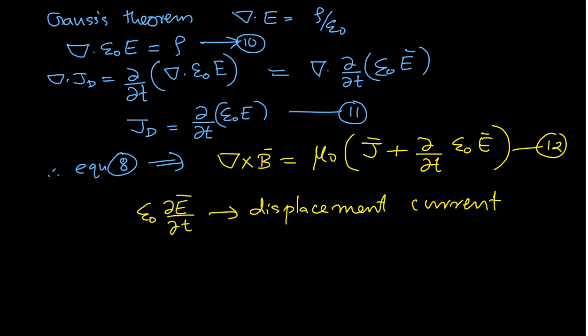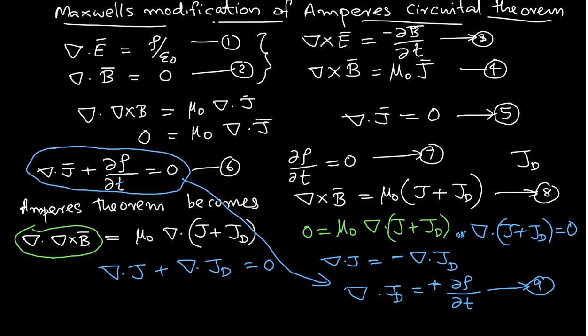As a result, the four Maxwell equations are: 1. Del dot E is equal to rho by epsilon 0, del dot B is equal to 0, del cross E is equal to minus dou B by dou t, and del cross B is equal to, this fourth equation is modified. The fourth equation is Ampere's theorem.